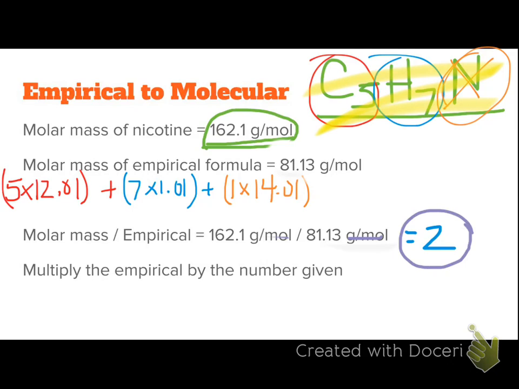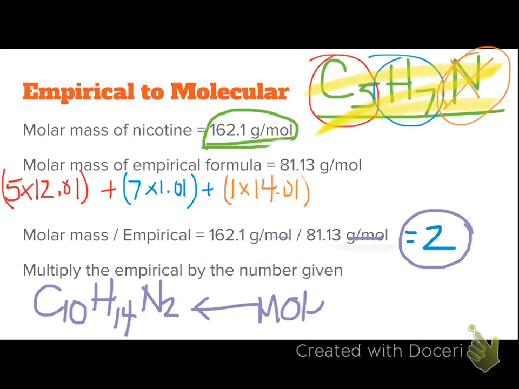So I'm going to take everything in my empirical and multiply it by 2. So instead of having 5 C's, I'm going to have 10. Instead of having 7 H's, I'm going to have 14. Instead of having 1 N, I'm going to have 2. Now this is your molecular formula.